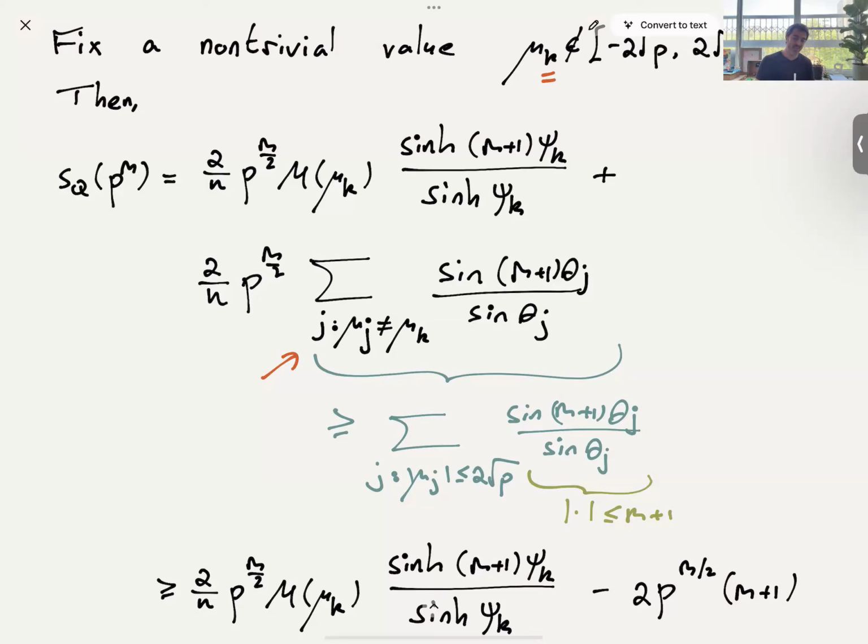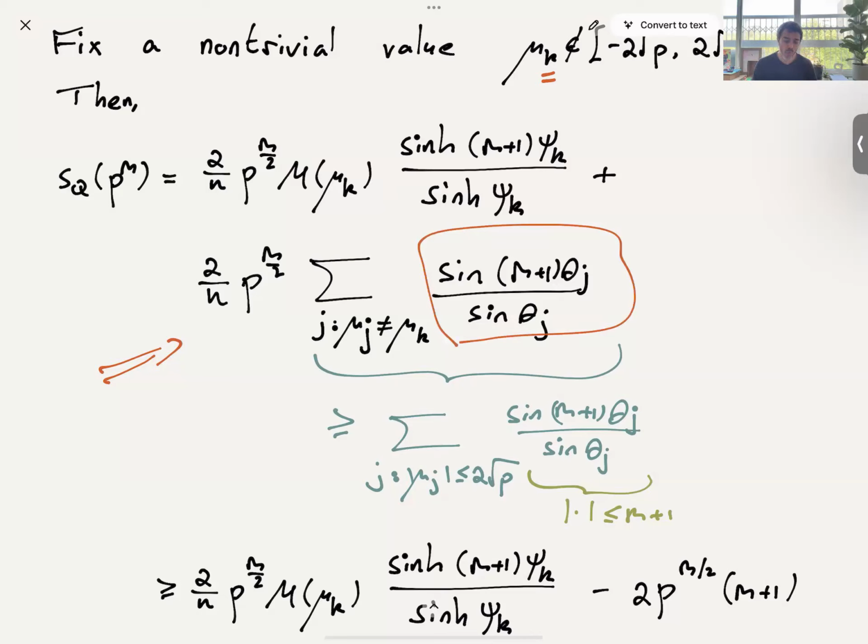You take one potentially big eigenvalue and bound the contribution of the remaining eigenvalues. But here you make extensive use of the fact that this eigenvalue, which is big, comes with a bunch of eigenvalues which are as big.